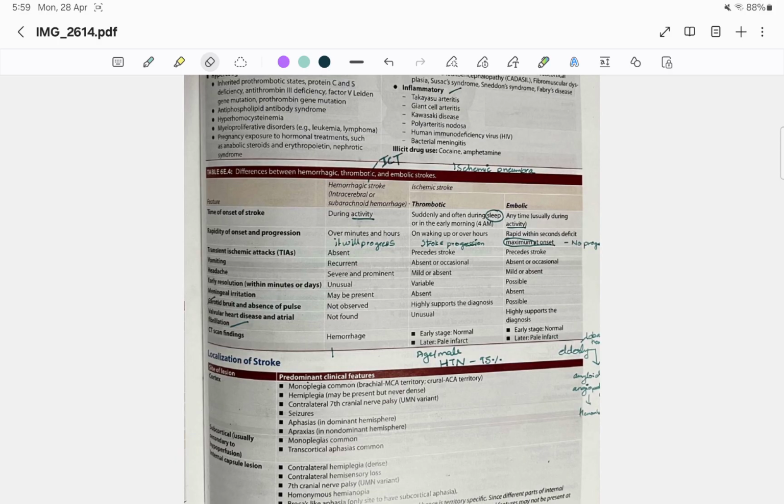Mostly it will occur at night, early morning, because at that time a mediator is present called tissue plasminogen activator inhibitor. The name is very big, but don't be afraid. The main thing for that factor is to shift the clotting system against the anticoagulant system.